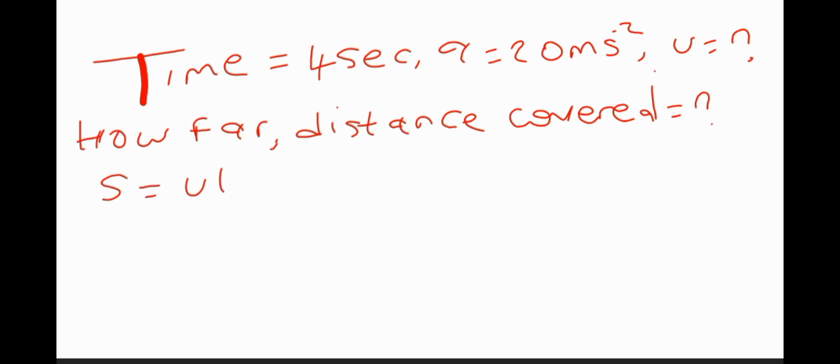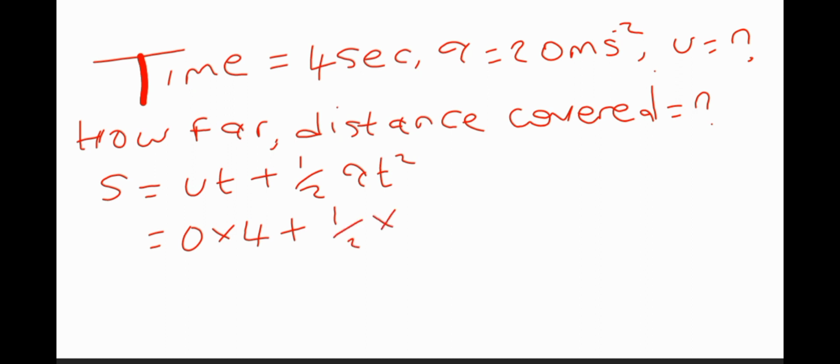Which of them has time, acceleration, initial velocity, and distance? We all know that it is the second formula. I've already written it. So 0 times 4 plus half times acceleration, which is 20, times time, which is 4 square. So 0 times 4 is 0, plus half times 20 is 10, 4 square is 16, 16 times 10 is 160.